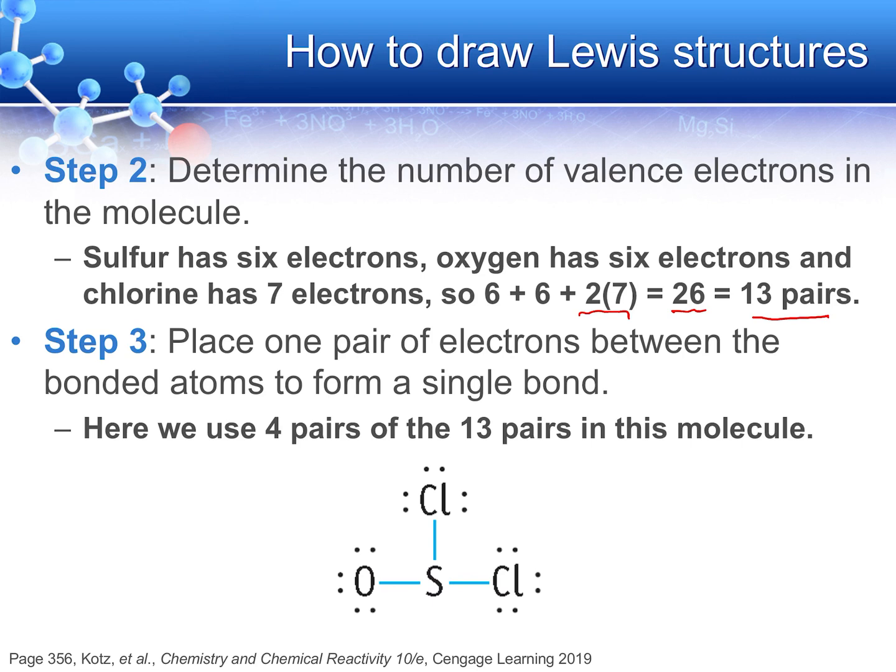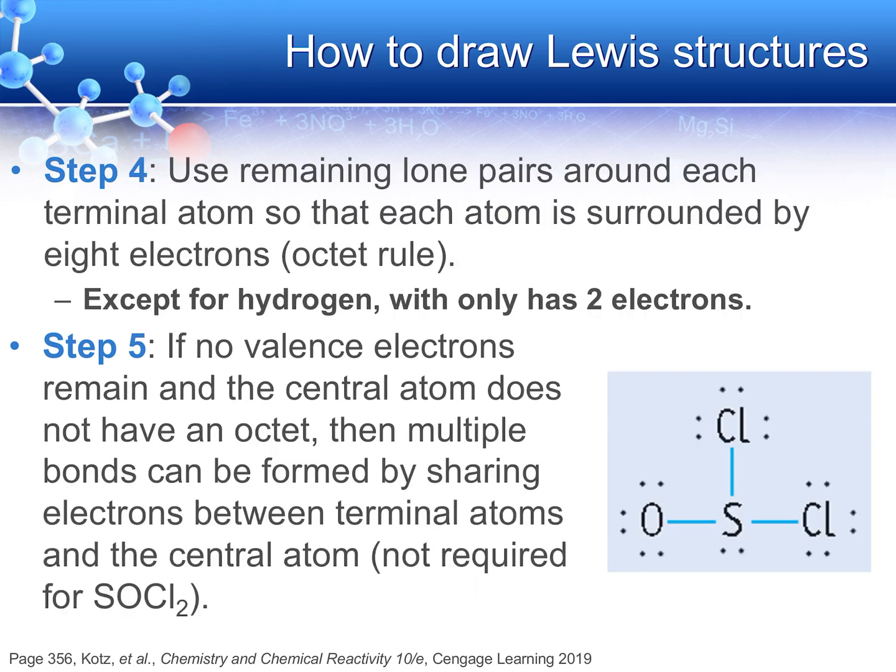And then what we do is we write electrons around each one of the chlorines. So now I've got 2, 4, 6, 8, 10, 12, 14, 16, 18, 20, 22, 24. So I don't have 26 yet. So what I need to do is the other 2 electrons are going to go right here on the sulfur.